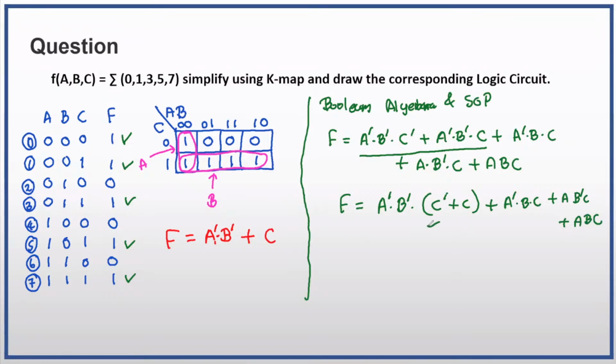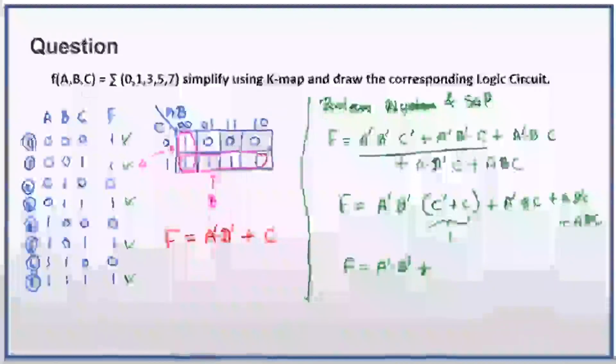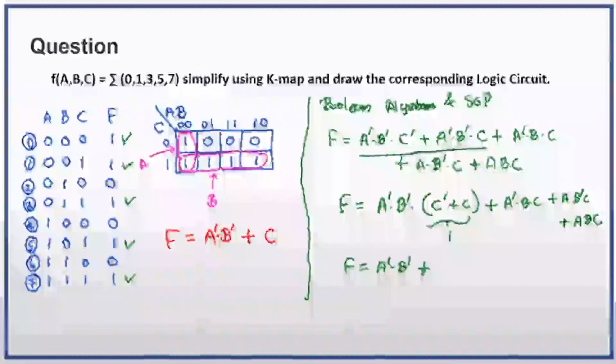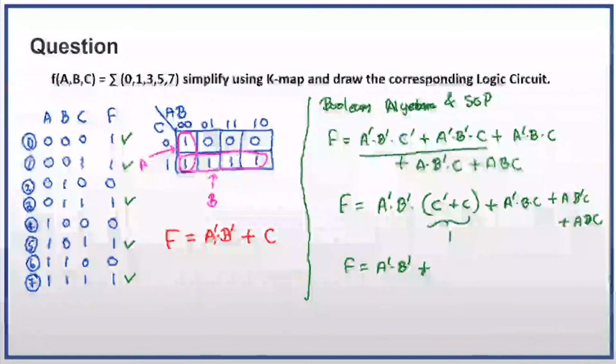And here you can write B dash. I do not write the rules here, but you should write the rules when you are simplifying it, because I just want to show you how you can do this simplification. Here you can see another two common terms.